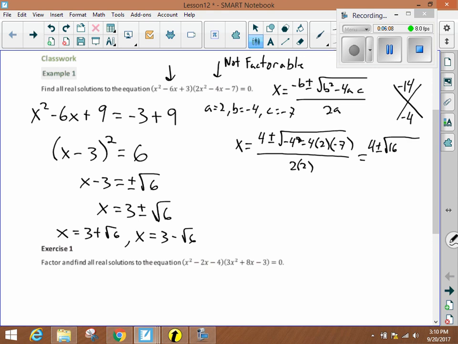Then we have -4 times 2 times -7. So that's 28 times 2, or 56. And it's going to be positive because I've got two negatives there.